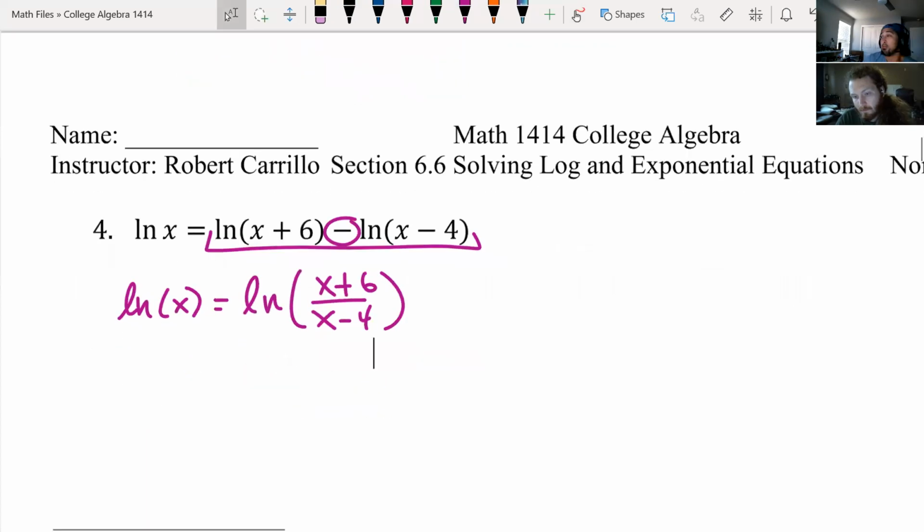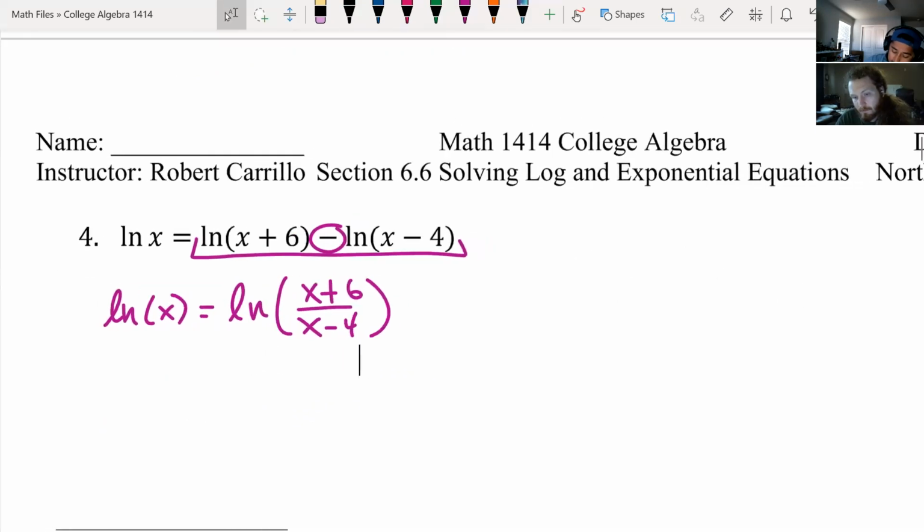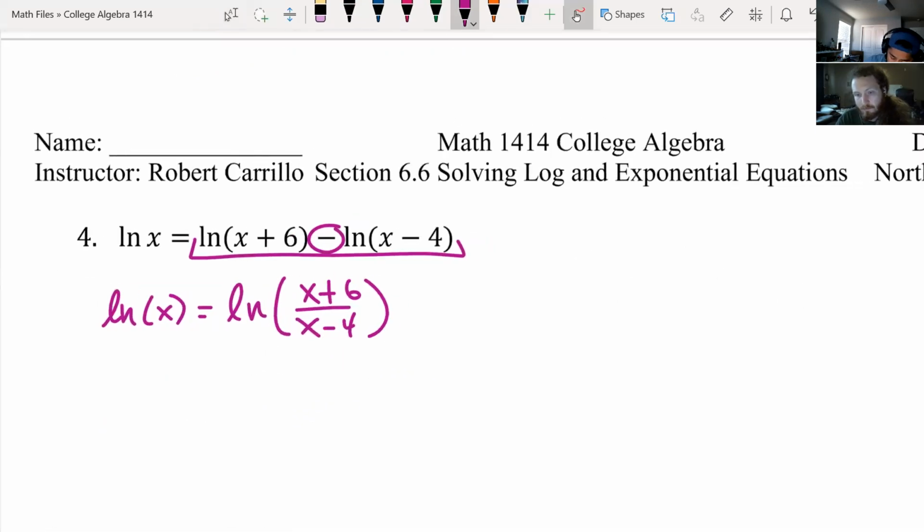And then we know that the base of the natural log is e. So we see that these have the same bases, which means we can use that equality property. And we'll get x equals x plus 6 over x minus 4.